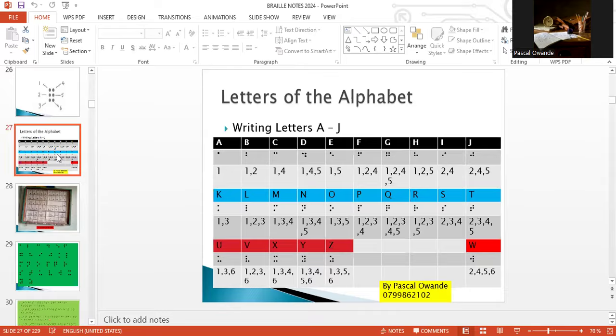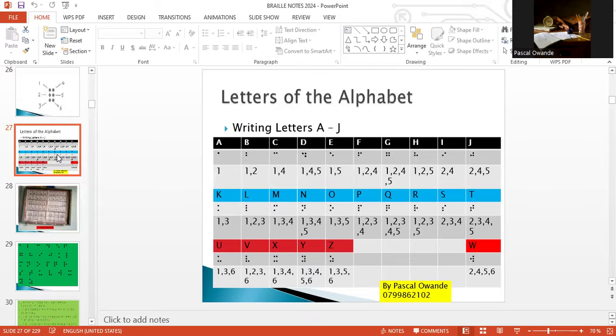Letter A was formed with dot 1, B dot 12, C dot 14, D dot 145, E dot 15, F dot 124, G dot 1245, H dot 125, I dot 24, and J dot 245.